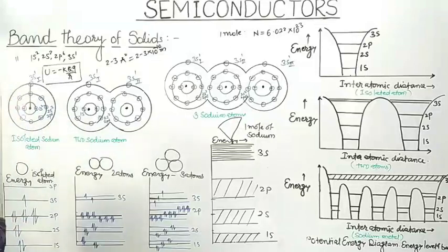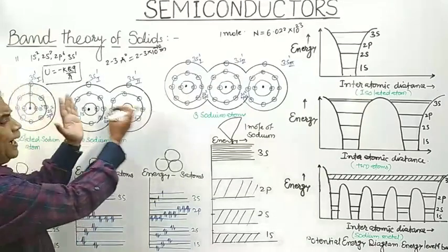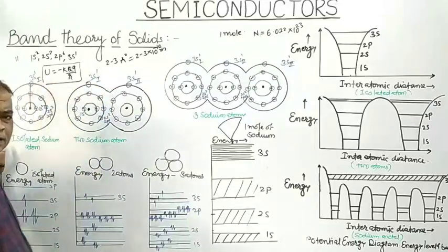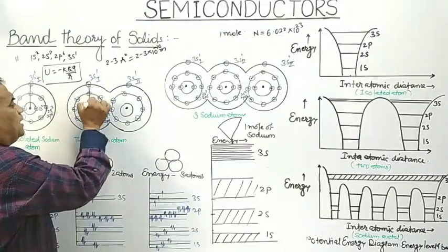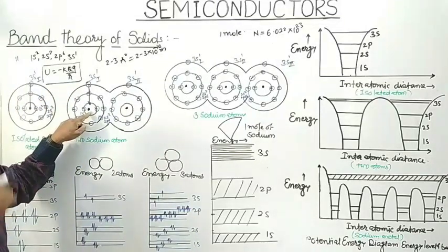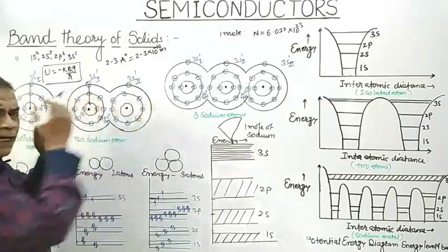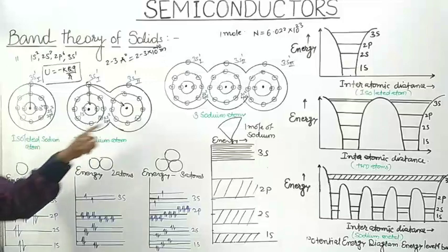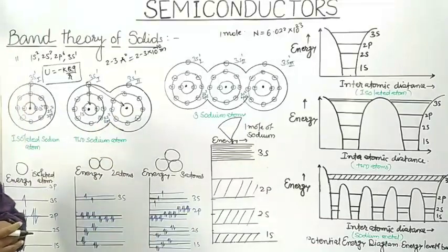As far as an isolated atom is concerned, the only potential energy of this electron is the Coulombic interaction between the electron and the positively charged nucleus. But when two atoms come close to each other, initially there is a force of attraction on this electron by the nucleus of that atom itself. But due to the overlapping of orbits, this electron is attracted by the nucleus of the neighboring atom also.